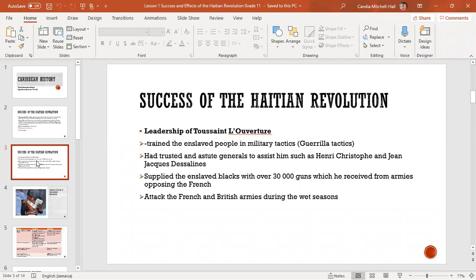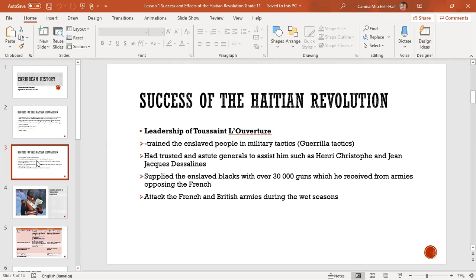So he had trusted persons in command of different geographic spaces. Also, he supplied the enslaved people with over 30,000 guns.